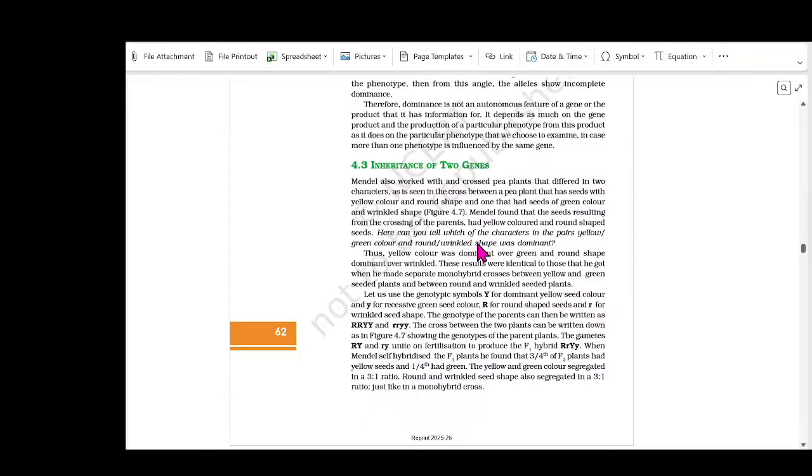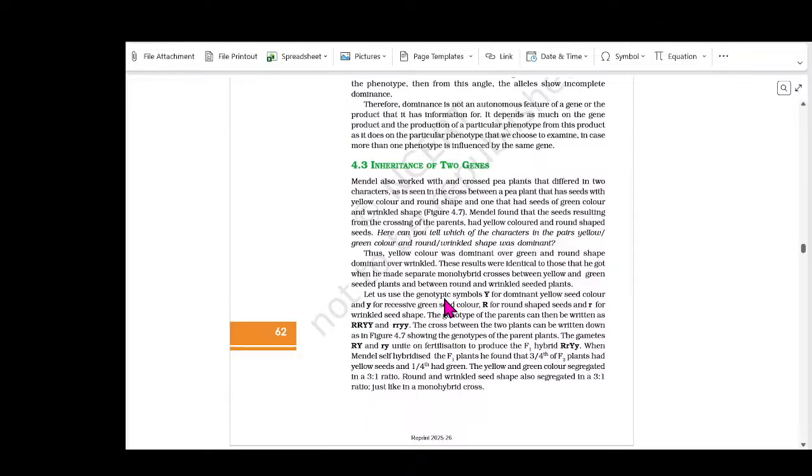Here, can you tell which of the characters in the pairs, yellow or green color and round and wrinkled, were dominant? Thus, yellow color was dominant over green and round shape was dominant over the wrinkled. These results were identical to those that he got when he made separate monohybrid crosses between yellow and green seeded plants and between round and wrinkled seeded plants.